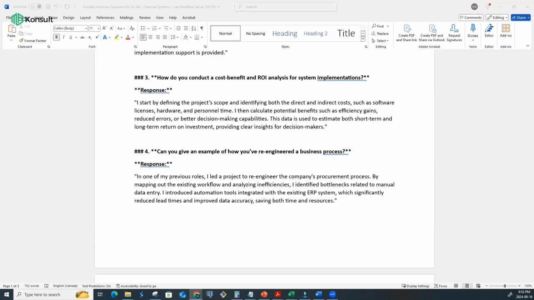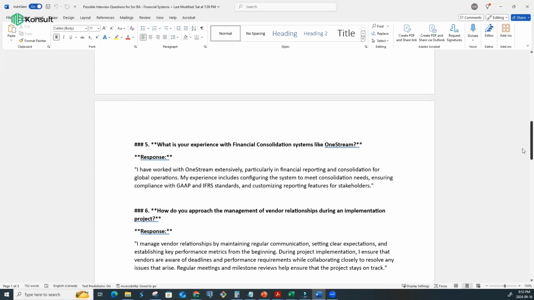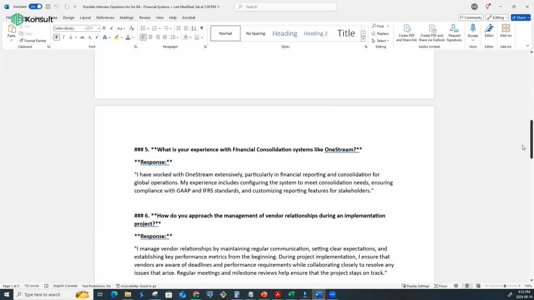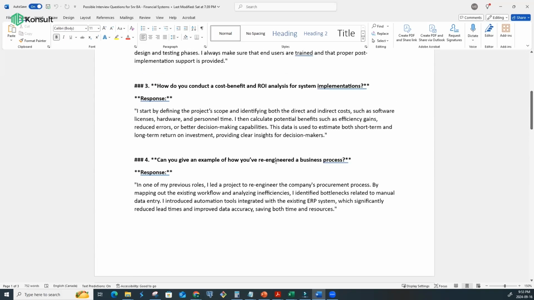Yes, we discussed question 6, vendor relationship during an implementation project. So I don't think we need to go back to that again. If I asked you before, then no, we don't need to. Yes, we already talked about that. So you were talking about question 4. How did you re-engineer a business process?